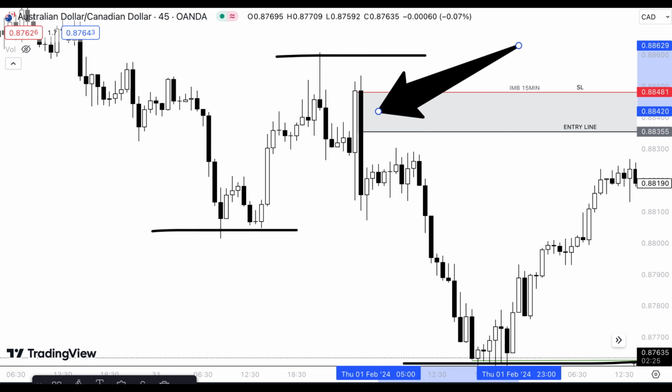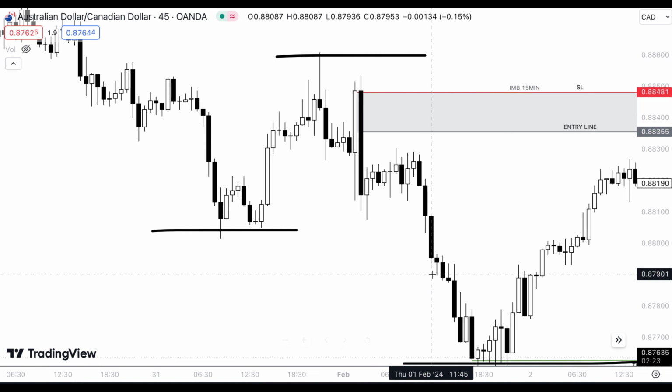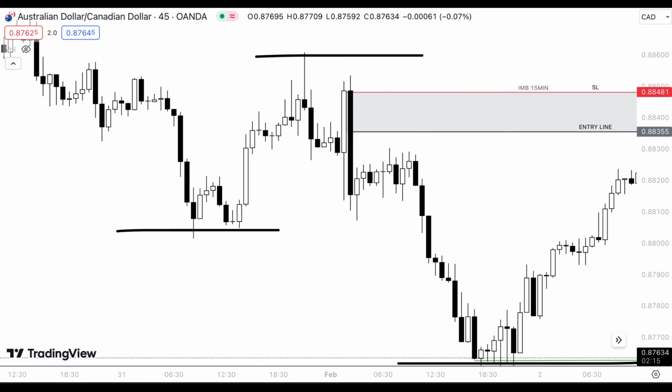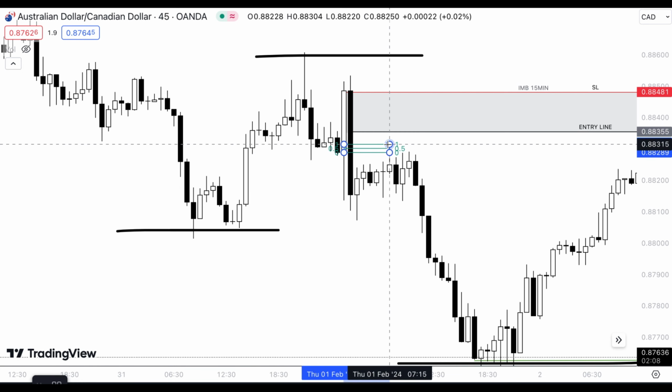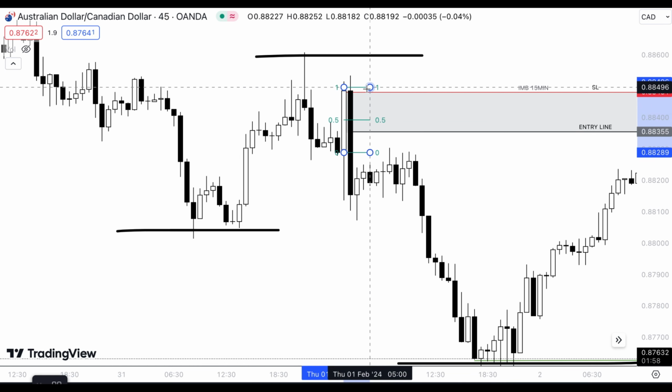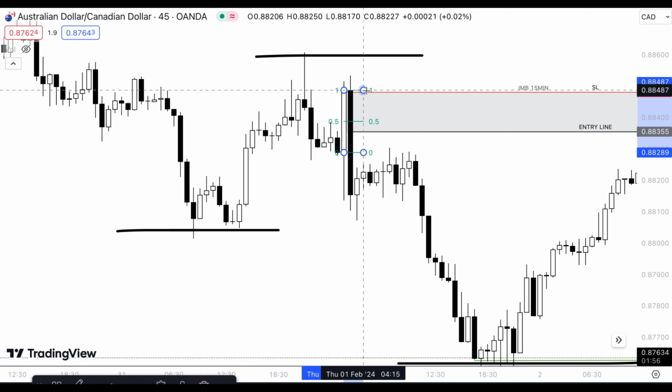We're going to mark up 50% of the small candle in this order block. To do that, you need the Gann box tool on TradingView. This tool allows you to go like this: mark up the bottom of the small candle in the order block, then drag it to the top of the small white candle, not the black engulfing candle.